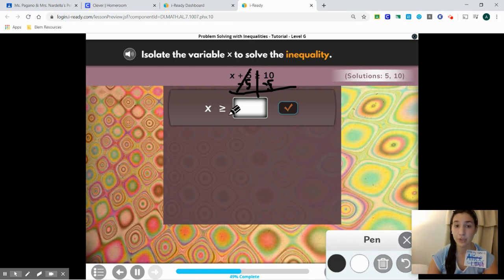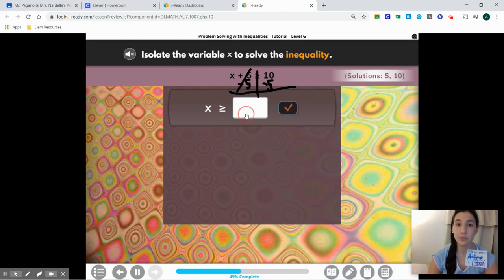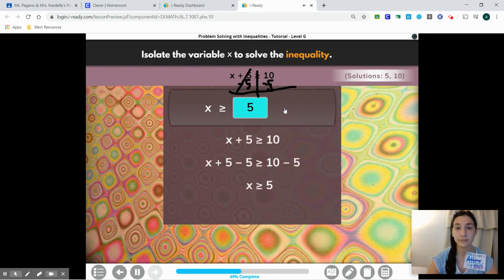Bring our inequality symbol straight down. 10 minus 5 equals 5. So we're going to type 5 in and move on. The symbol did not reverse, so we know that x is greater than or equal to 5. And look, 5 is still a solution, and so is 10.